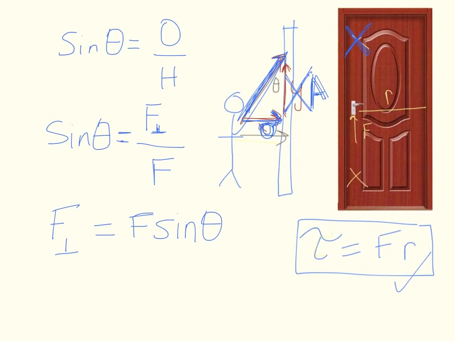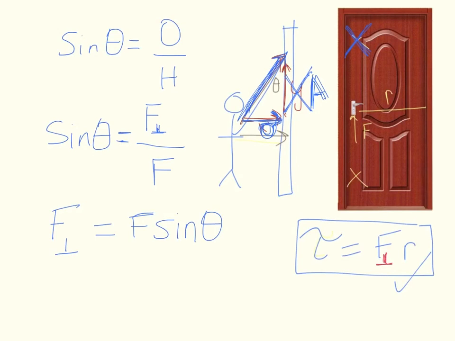So what this really should be in my equation over here, and I'll do it in a different color so you can see it, is that this should really be the perpendicular component of the force times the distance from the axis of rotation. Now, if you're pushing straight on, do you have to even worry about that? Heck no. All you need to care about is how hard you're pushing.